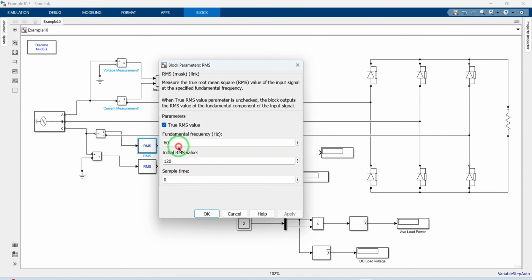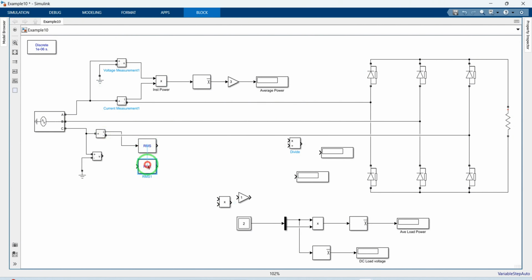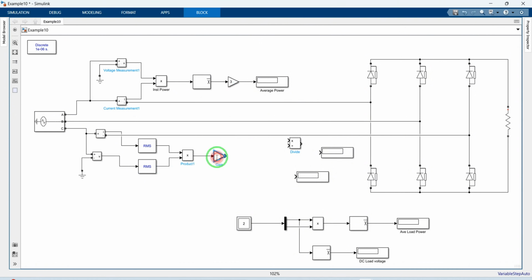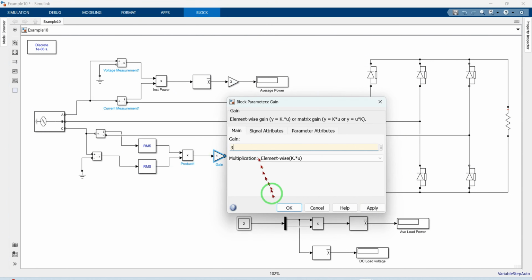Open each RMS block and set the frequency to 50 Hz. Connect each RMS output to the inputs of a product block. This gives the apparent power.